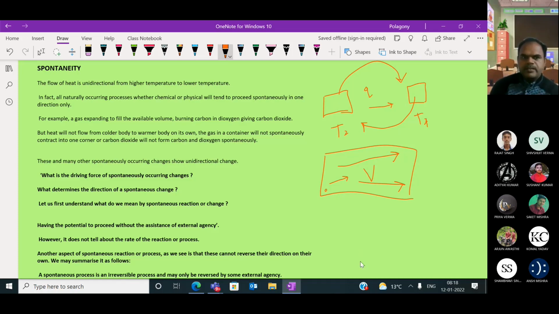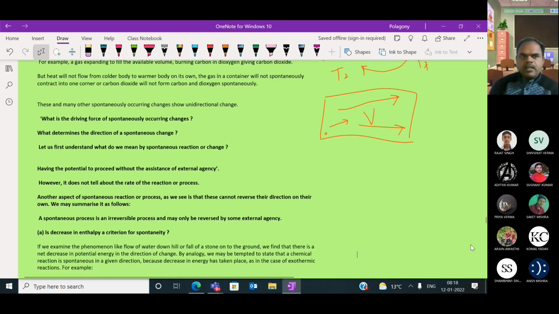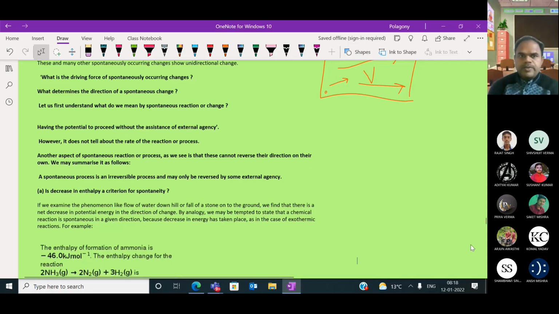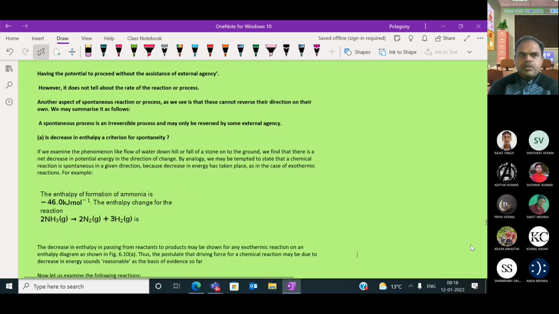So what determines the direction of a spontaneous change? If you want to understand the spontaneity of a reaction or a spontaneous change of a system, first of all we have to talk about what is meant by spontaneity.